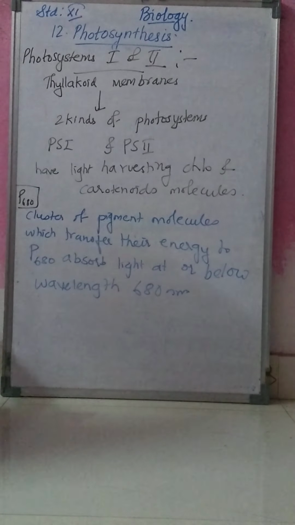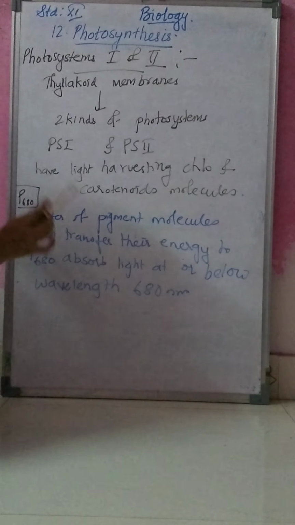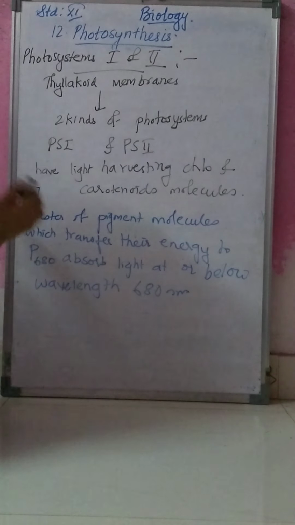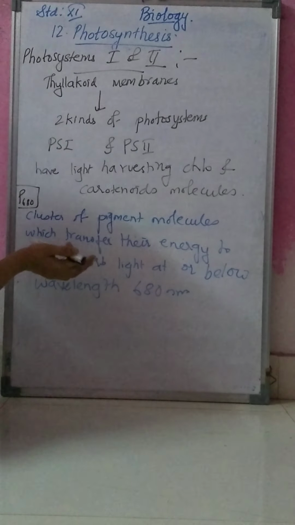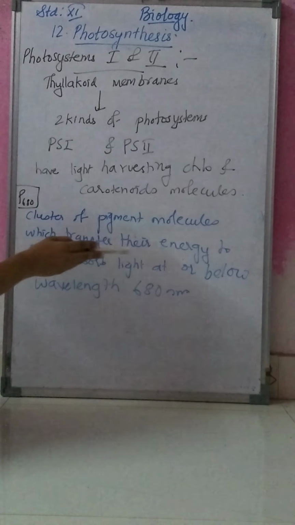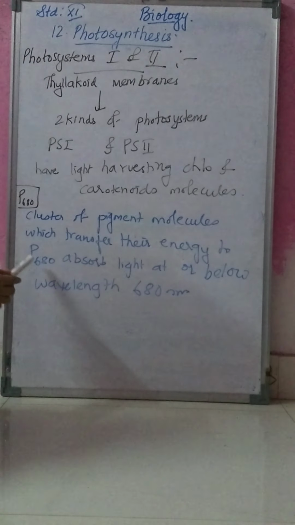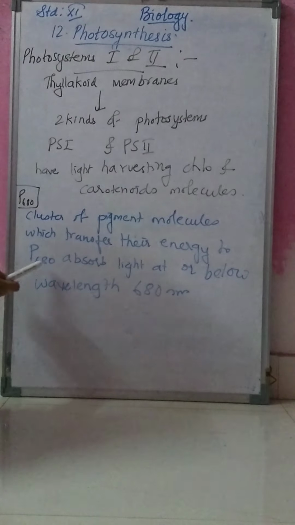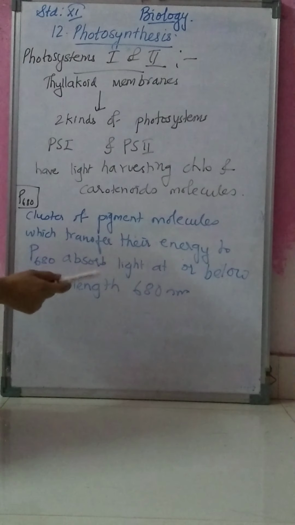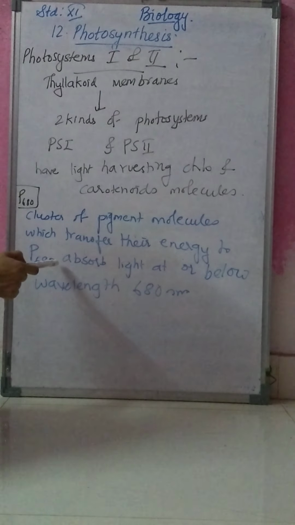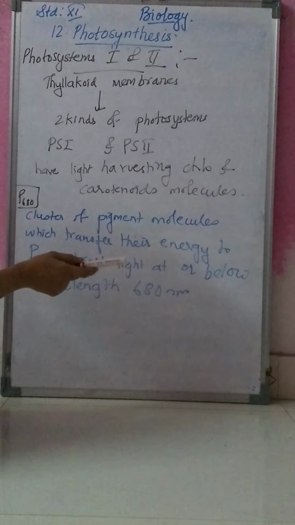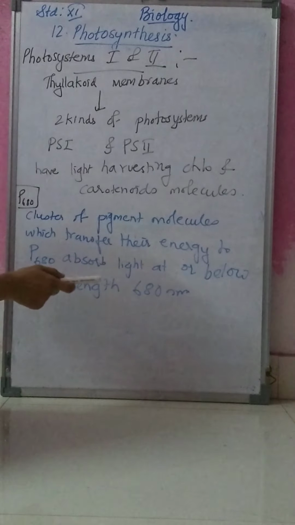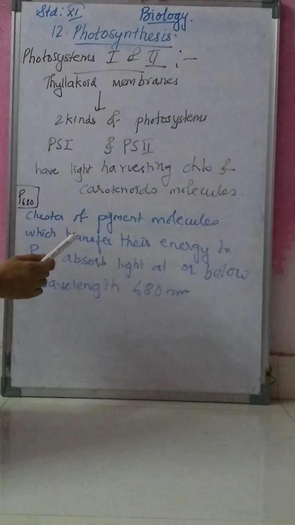When these pigments absorb light energy, they pass it to chlorophyll A, which converts it into chemical energy. So they transfer their energy to pigment 680, and this pigment 680 absorbs light at or below a wavelength of 680 nm.